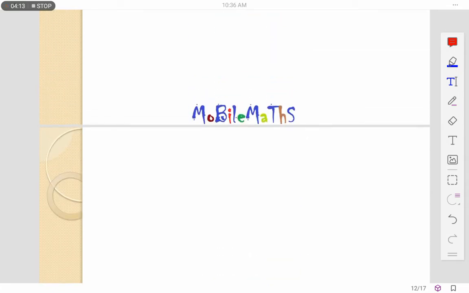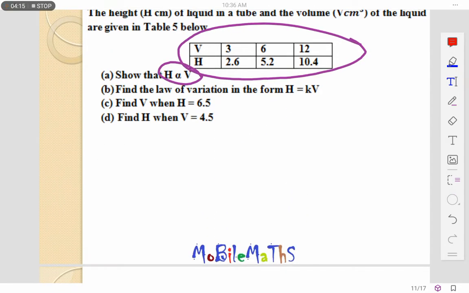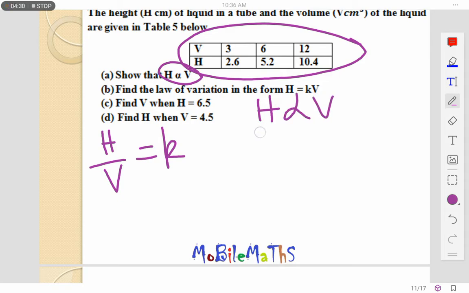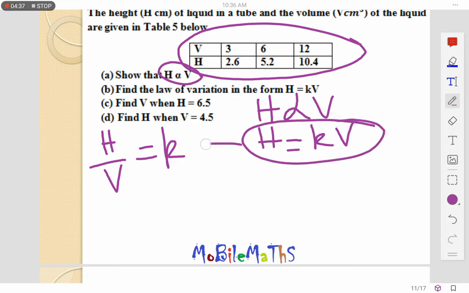Another way is where you can find the k value. Remember, the ratio H over V is equal to k. From H varies directly with V, I introduce a constant: H is equal to kV. That's where I'm getting this.